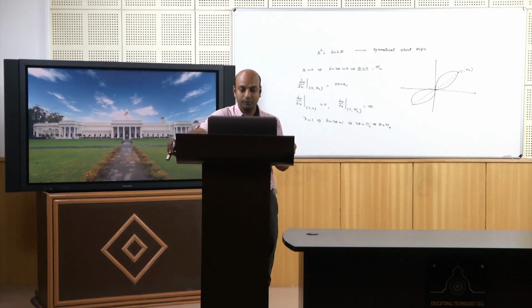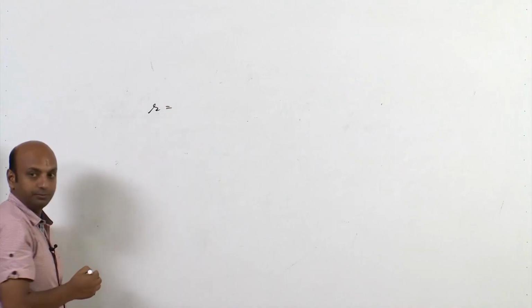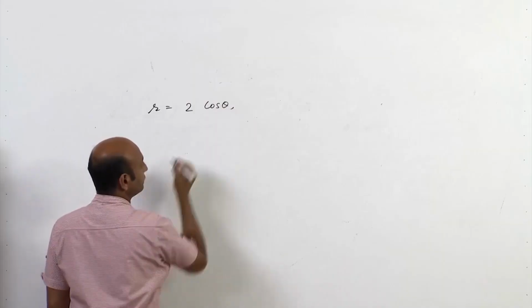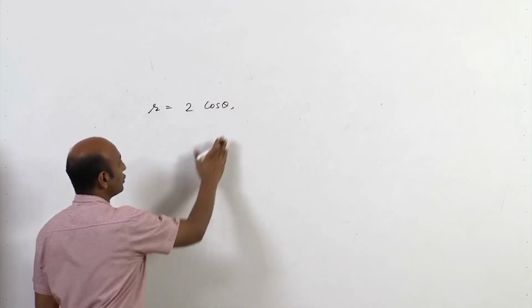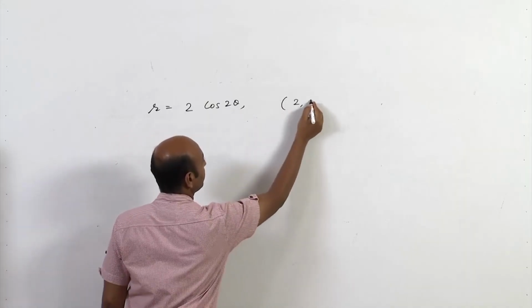Okay. Now, the next problem is: show that the point (2, pi by 2) lies on this curve. So, this is a very simple problem. This is r equal to 2 cos 2 theta and the point is (2, pi by 2).